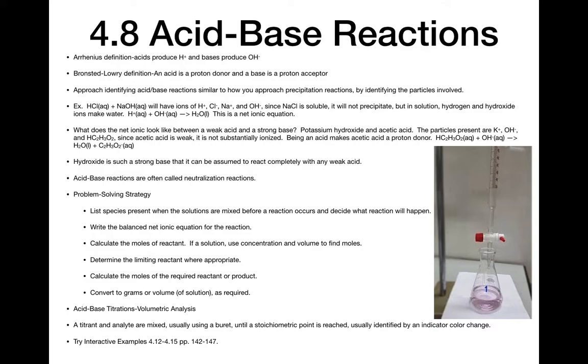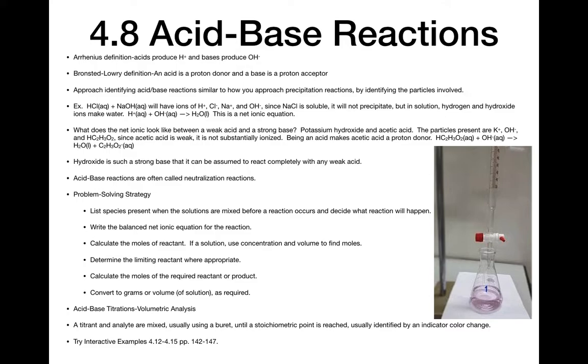A typical application of acid-base neutralization reactions is a titration problem where you use a burette to carefully measure out the volume of acid or base that you are adding. Typically, these reactions are run until the solution is totally neutralized, and that is typically seen as a color change of an indicator.